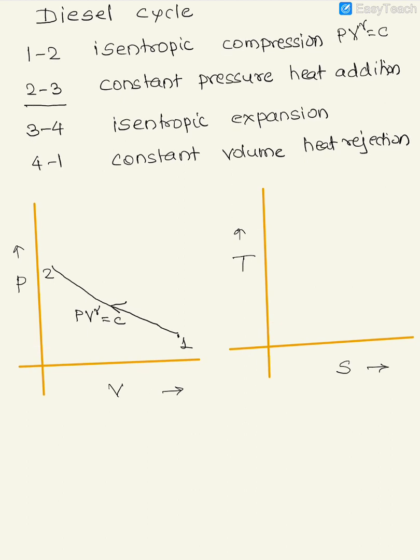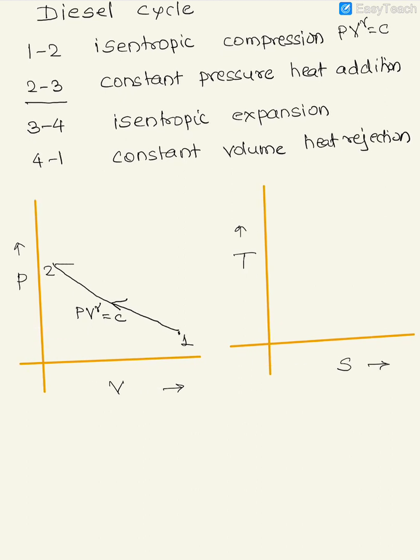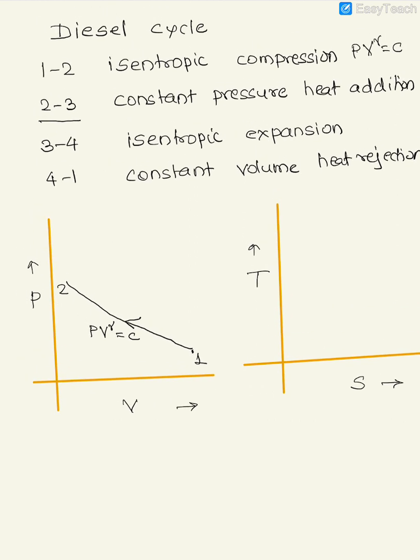So the pressure is constant, unlike in the Otto cycle. So this is how we represent the process 2 to 3 on the diesel cycle. Now why is it horizontal? The reason is the pressure is constant. So P2 is equal to P3. That is why I have represented it like this.